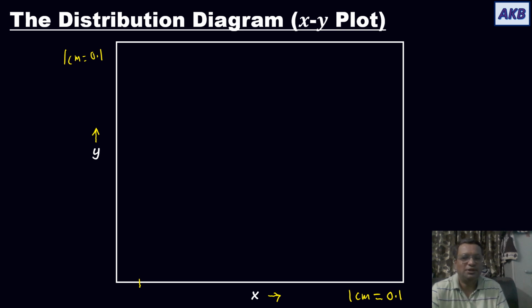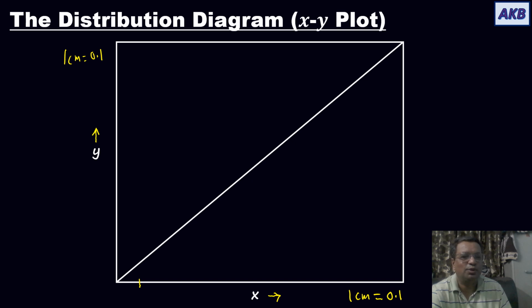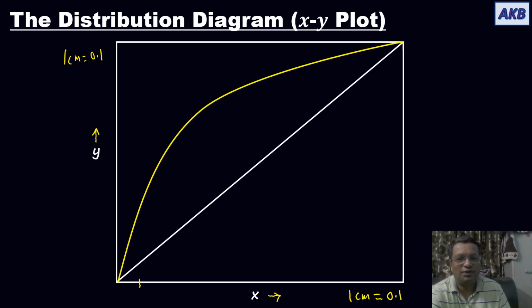So what I mean to say is we are going to choose a scale where it is same on both the axes. You'll be getting a square plot in that case, and this will be the diagonal line. Okay, and then the plot will be a curve which we are calling as equilibrium curve. So this yellow curve is the equilibrium curve, and this is the diagonal line. So this is the equilibrium curve.